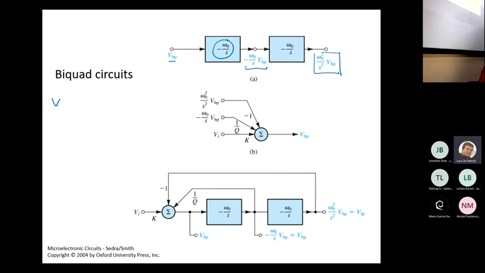So basically, the relationship between the high-pass filter output and the input is given by this expression.